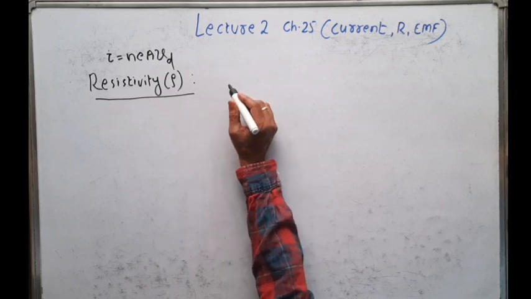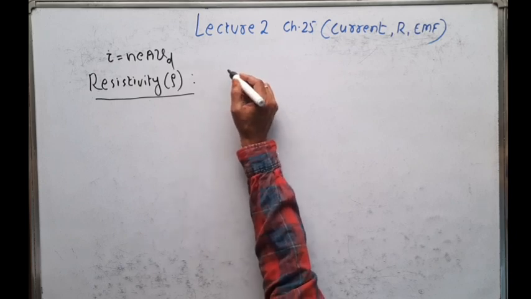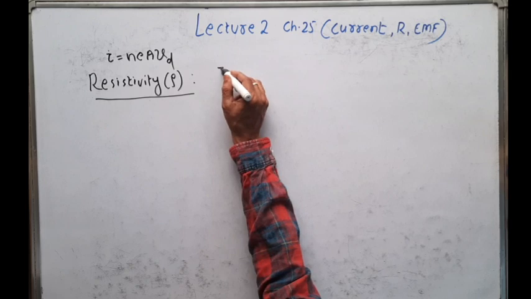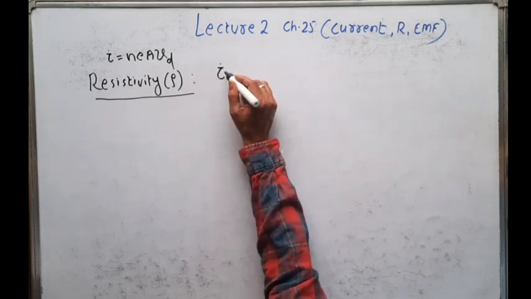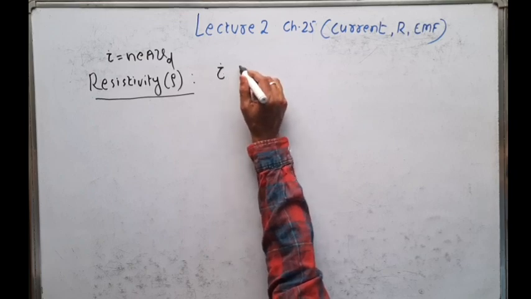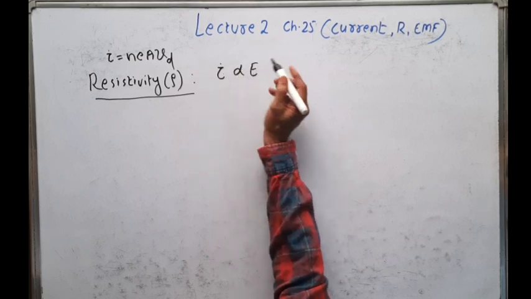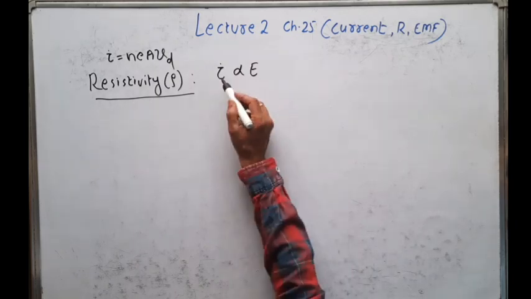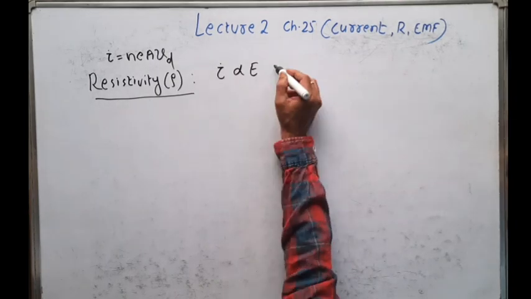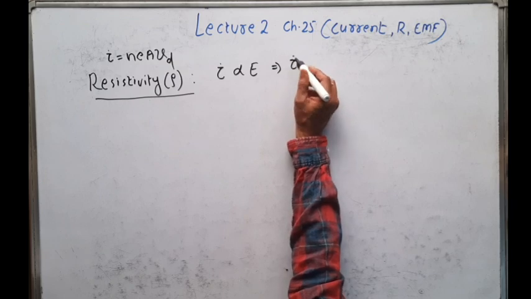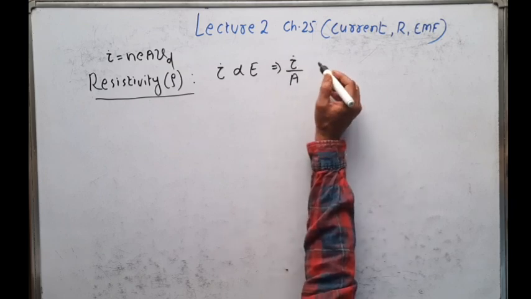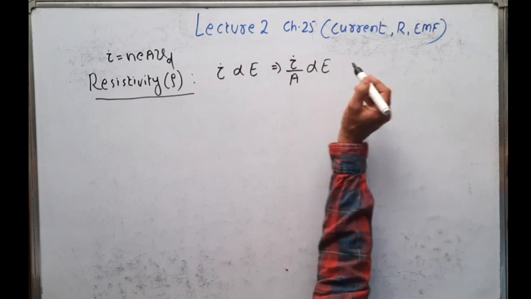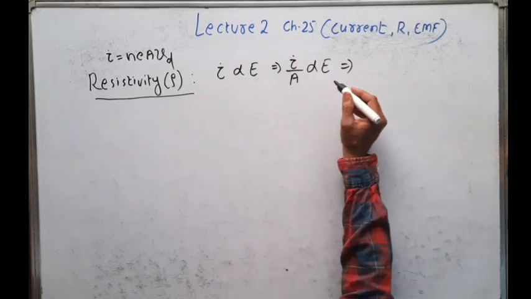Now see, in the last class we had derived that current, that is I, the rate of flow of charge, that is the flow of electrons, depends upon what? Electric field. So that means I is proportional to E. That implies the current divided by area is also proportional to E. What is I by A?